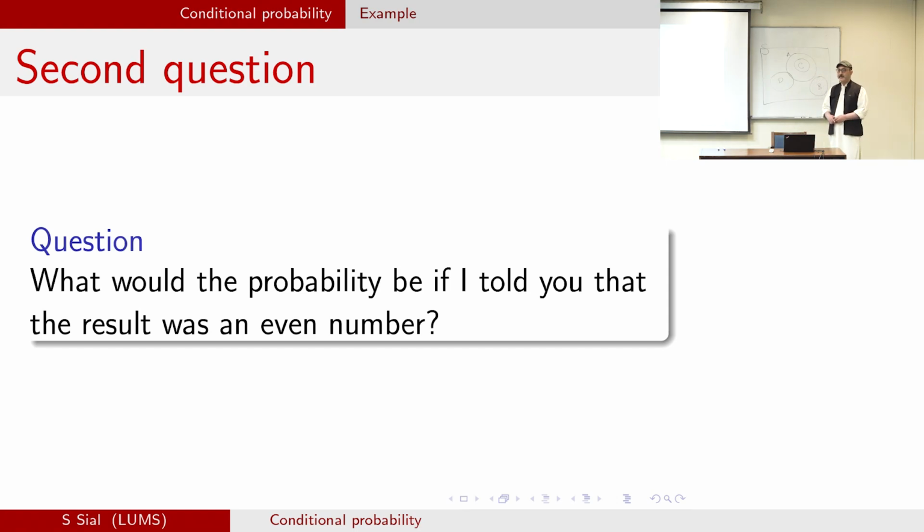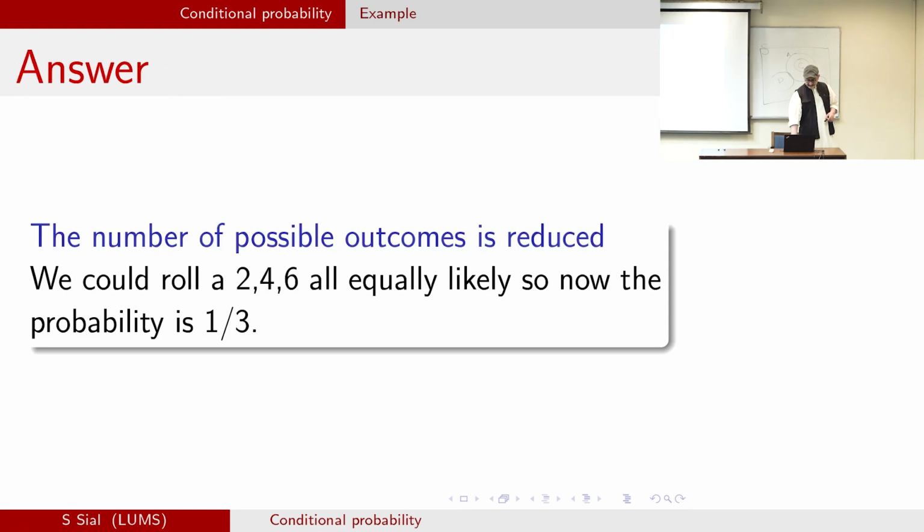Now, if I ask you, what's the probability of rolling a 4 given that you have rolled an even number? What would you say the probability is? Well, this is how we'd work it out. If you've rolled an even number, that means you've rolled a 2, a 4, or a 6, and all of these are equally likely.